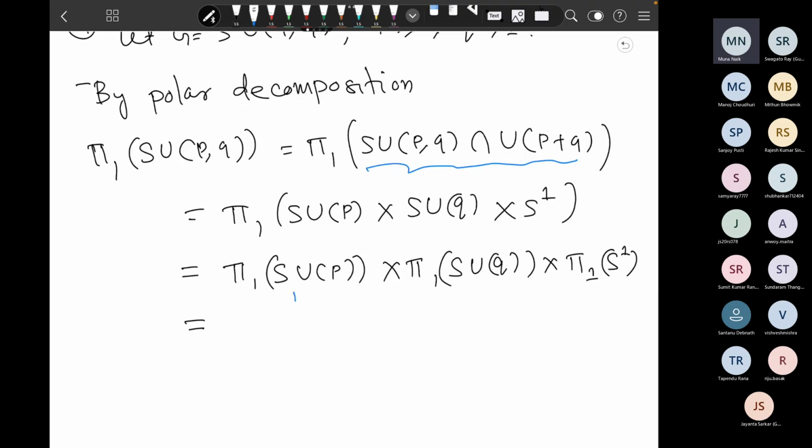The first one is 0, the second one is 0, and the third one is Z. So you will get Z.